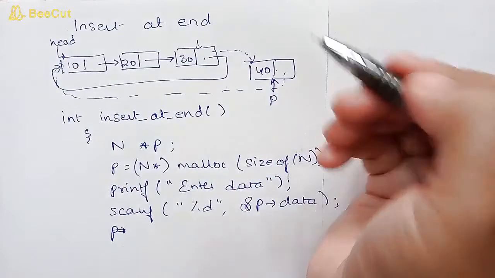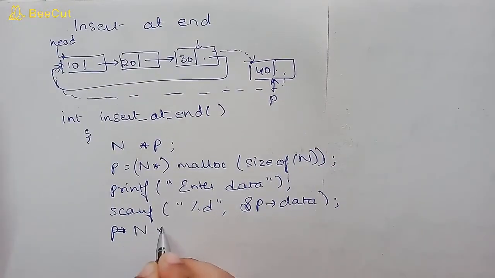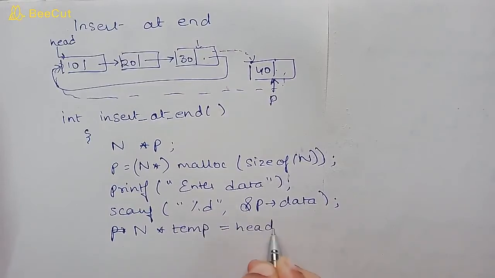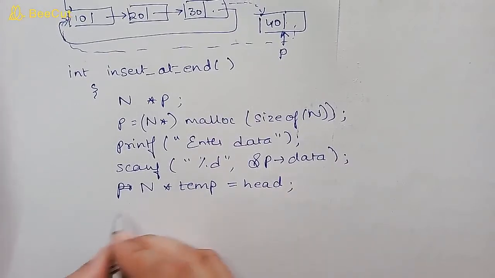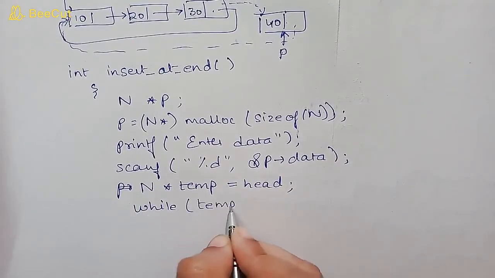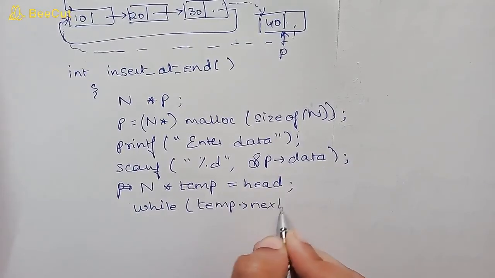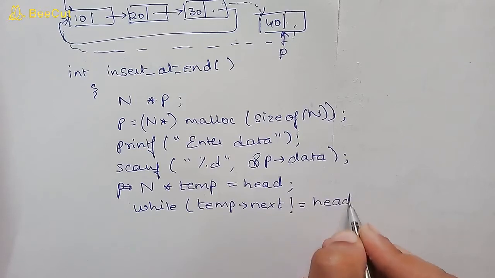But before that, I'll take one more pointer, suppose temp, that will be equal to head. Now first I'll traverse the whole linked list to reach the last node. So I'll write while temp next. Here I cannot use null, so I'll write while temp next is not equal to head.